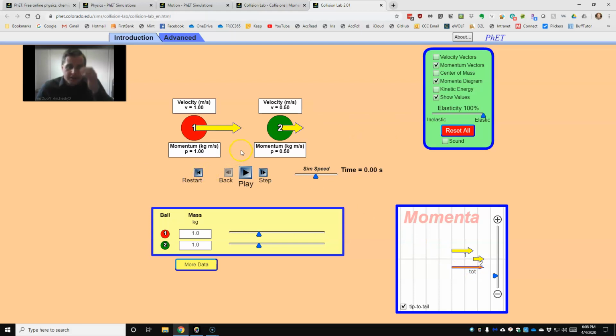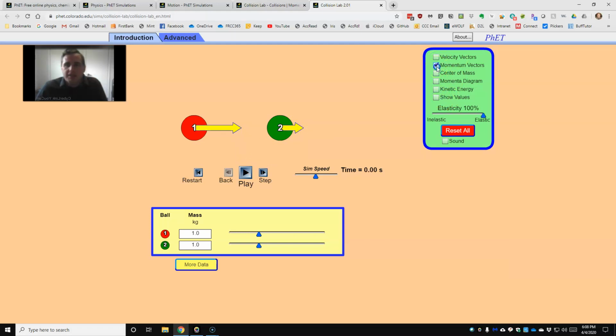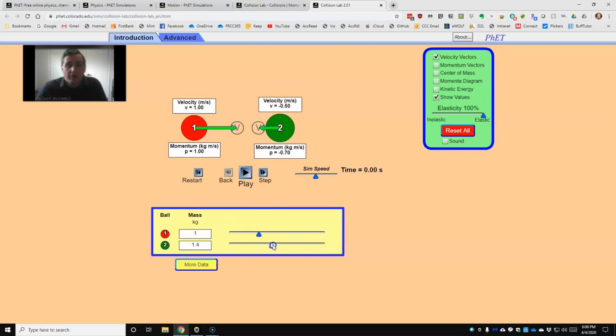Now, what about a scenario where, let's say it's something kind of complicated. Let's say ball 2 is moving to the left at negative a half meter per second, but then ball 2 is also, let's say, twice as massive as ball 1. So let's let ball 2 be 2 kilograms.